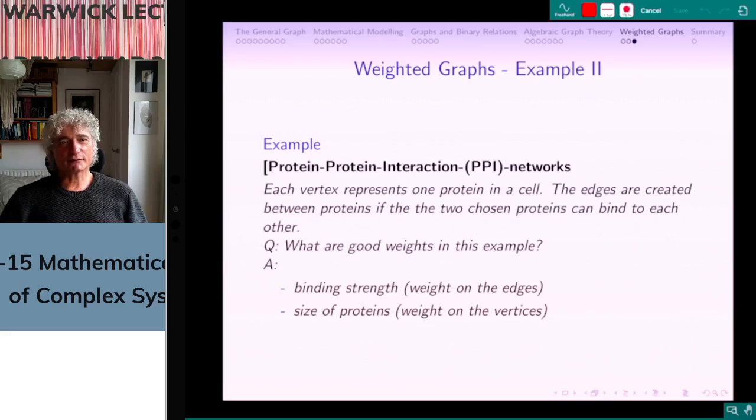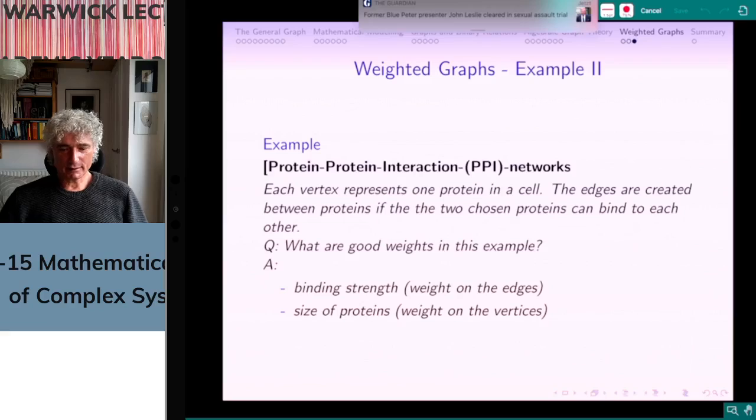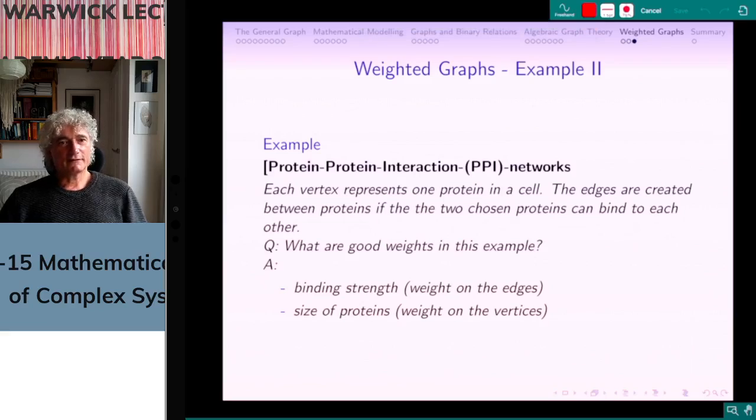So it's clear the proteins would be the ones giving rise to the choice of vertices. But then the question is, what is actually defining the arrows or edges, in this case edges, in the graph?